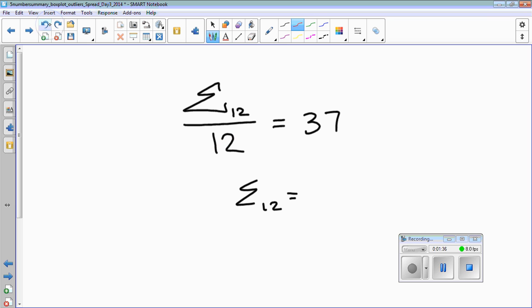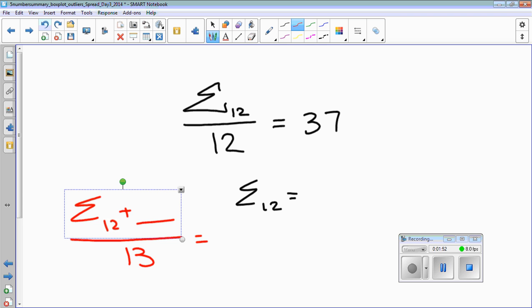Once we have whatever the sum is, the sum of the first 12 plus whatever her age was who came in late, I'm going to divide now by 13. You should be able to answer that question, because you have the sum, you have the age of the person that just came in. Are we okay with what I just said?